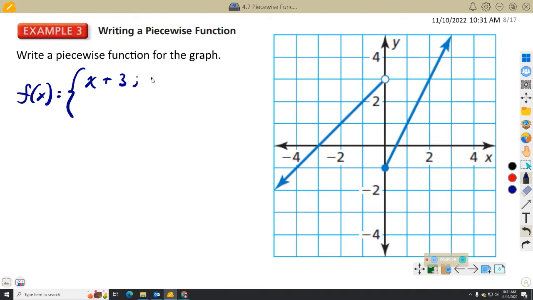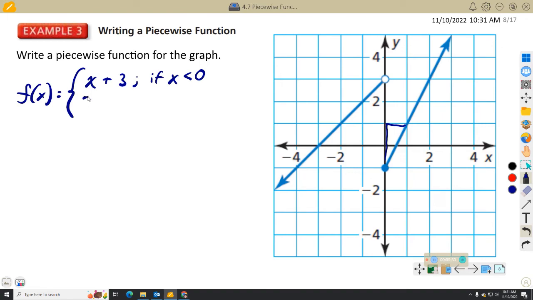Now, that's going to be used if x is, now, we're looking at our x scale down here, x is less than, but not equal to, 0. The second equation has a y-intercept of negative 1, and it looks to have a slope of 2 over 1. 2 over 1, right?